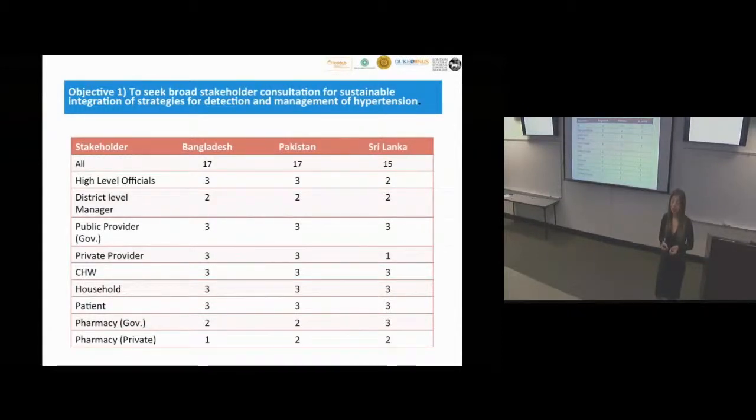And we got an excellent response from all three countries, because it is now already on the agenda. We saw that it's in the policy document, so it was a very useful and worthwhile exercise from our point. And from each of the sites, and especially from Pakistan, we got the feedback: please try to keep this as low cost as possible.